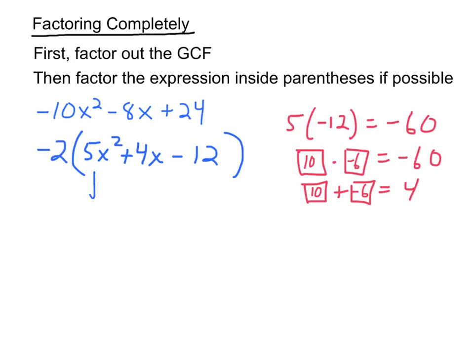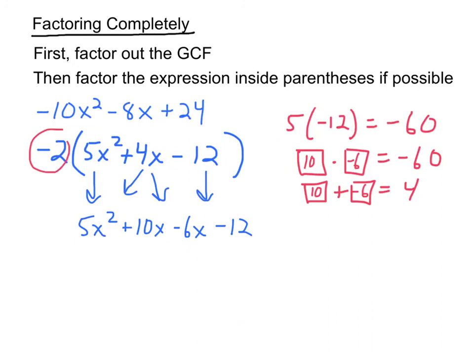So we're going to split this middle term up into those two terms, which will give us 5x squared plus 10x minus 6x minus 12. And remember, I'm going to have to bring this GCF down at the end, but I usually don't write it down in every step until I finish the problem.